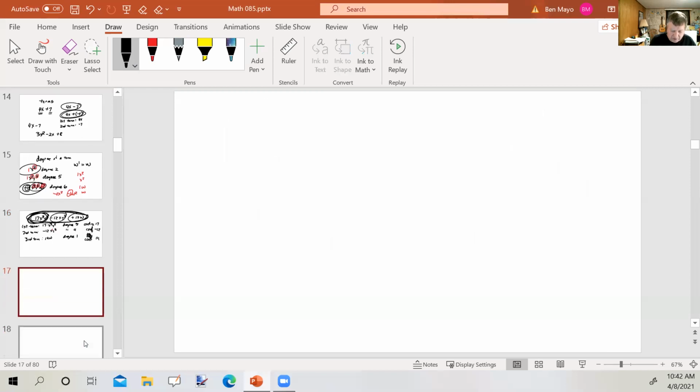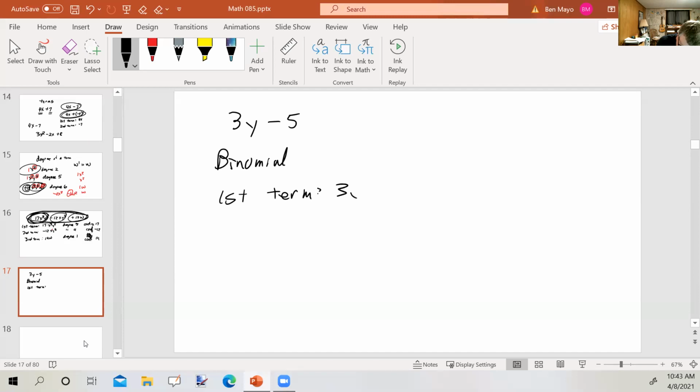Let's look at some more examples. Okay, let's see here. Let's take this thing here. It is a binomial. The first term is 3y.